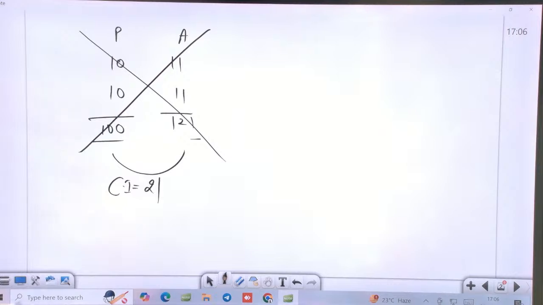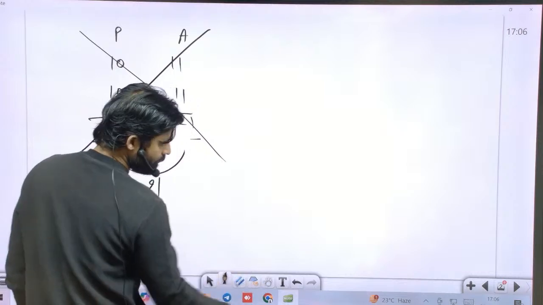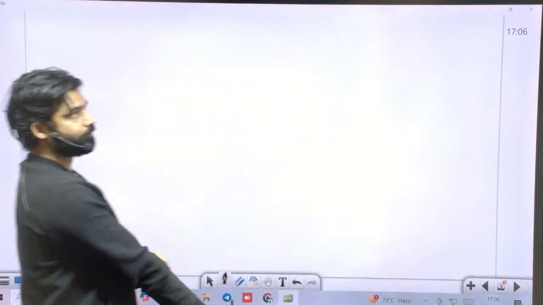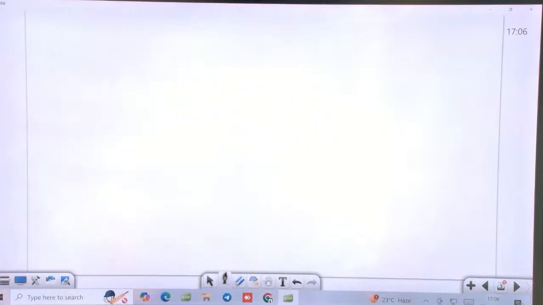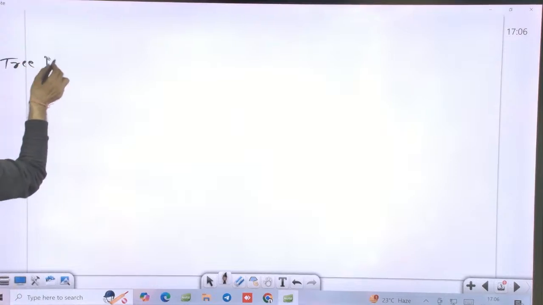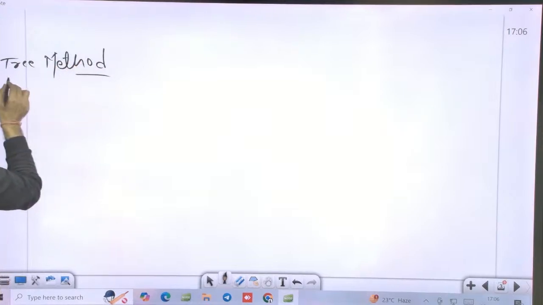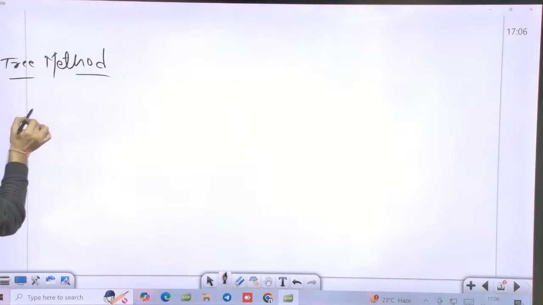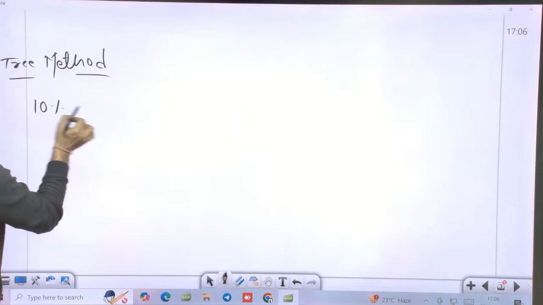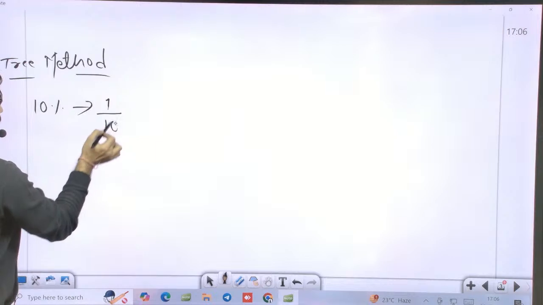Okay, let's understand tree. What is tree? Tree method. This is very simple one. First, just try to understand what is the rate of interest. Rate of interest is 10%. So what will be the fraction of it? 1 by 10.